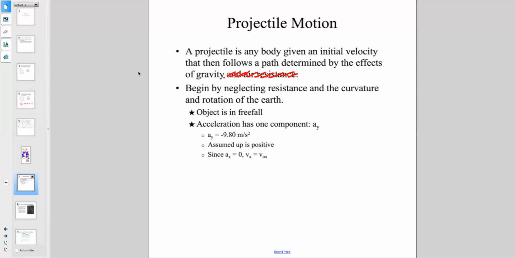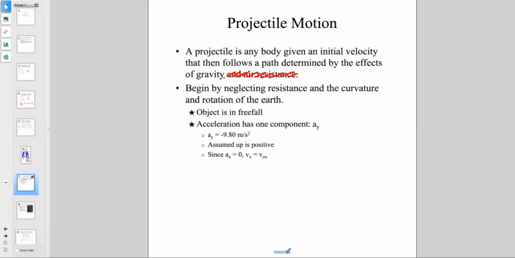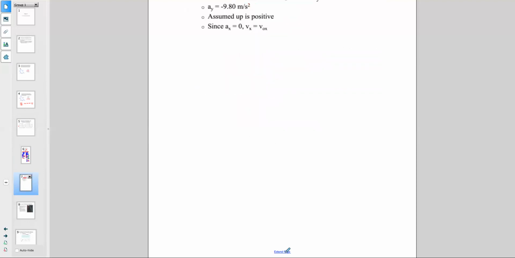Okay, and let's actually see if I can add a page here and talk about the free fall one more time. Or maybe I can just extend this. That's even better. So assume that you have ground. So this is ground.